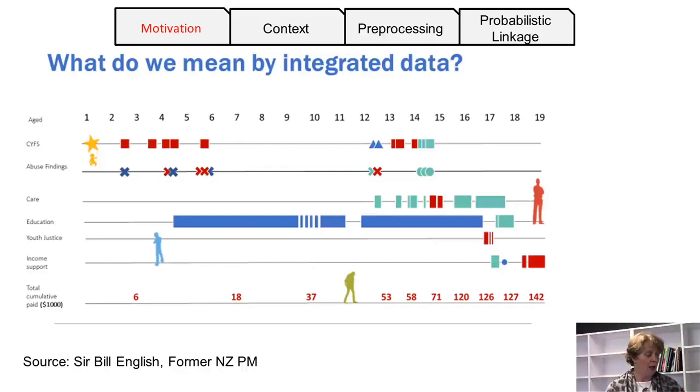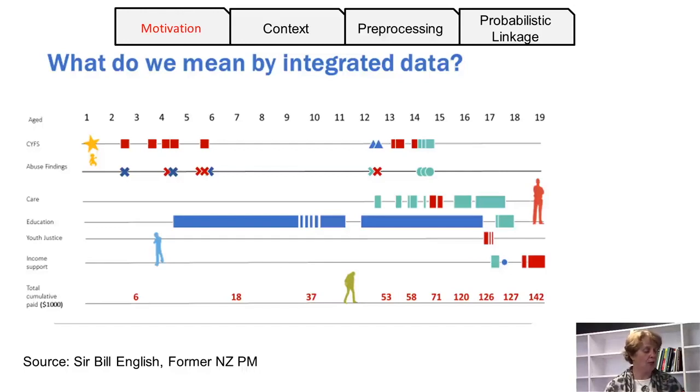Then you see age 5, they go into the education system. By about age 8, those administrative records are starting to show spotty education attendance. And that drops out almost completely. There's quite a large hiatus between age 9 and 10.